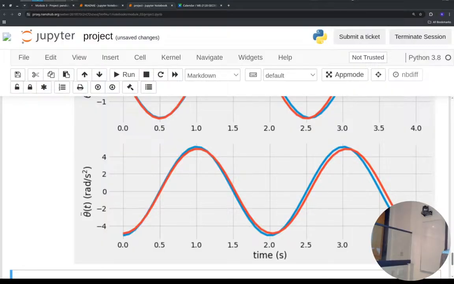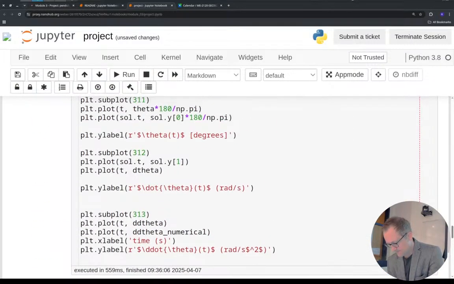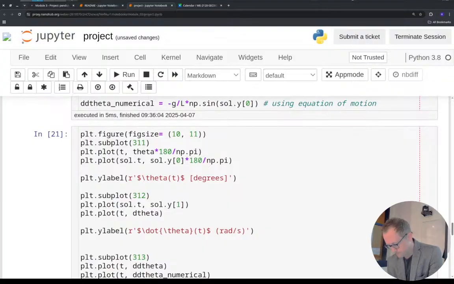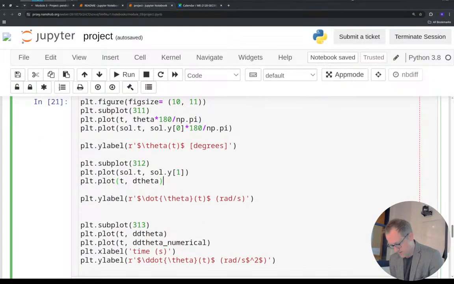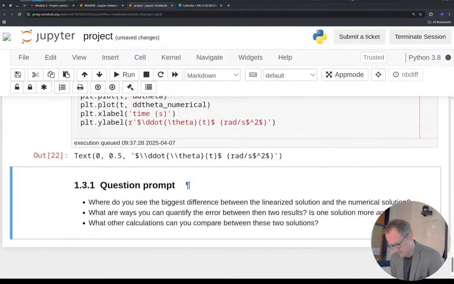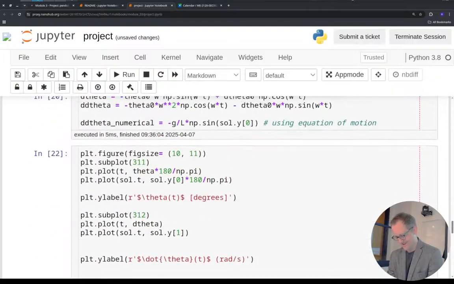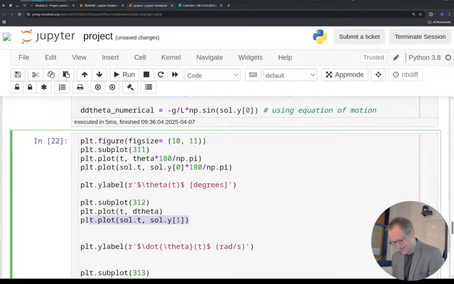Which one is which? Blue is the... It should be, let me double check. I should put labels on here, right? Oh no, this one's switched. All right, blue is linear. I realized the second plot was the velocities where red and blue got switched. So I just took those 2 and plotted d theta first.